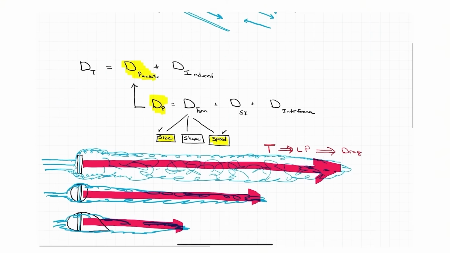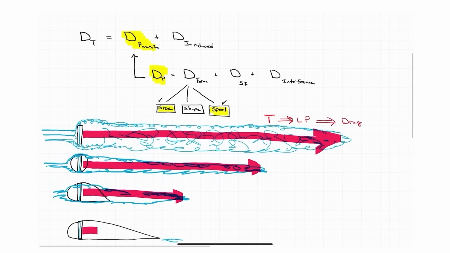What we've got here is this shape, and that is what causes parasite form drag. So we walked through what causes form drag. That's one of the three elements that causes the overall parasite drag.